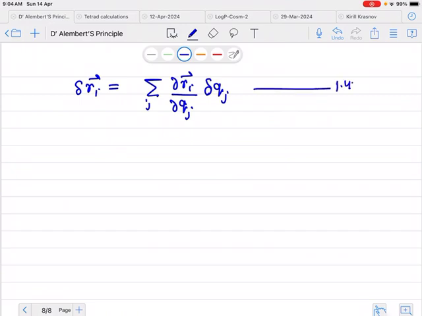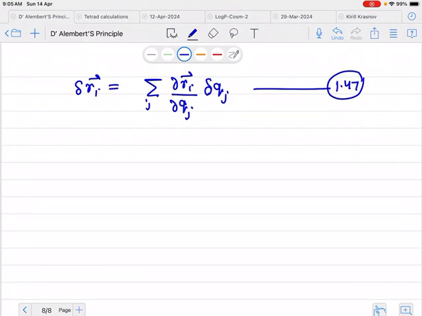Equation 1.47. Okay. So there is no variation of time. Delta is involved here, since a virtual displacement, by definition, considers only displacement of the coordinates. Okay. So we are only considering the displacement of the coordinates.